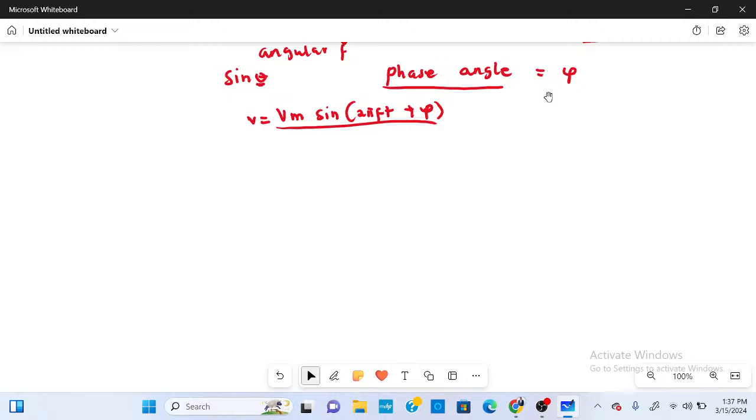So at this point, let's see these problems. Number 1: Find the frequency of the following quantities.